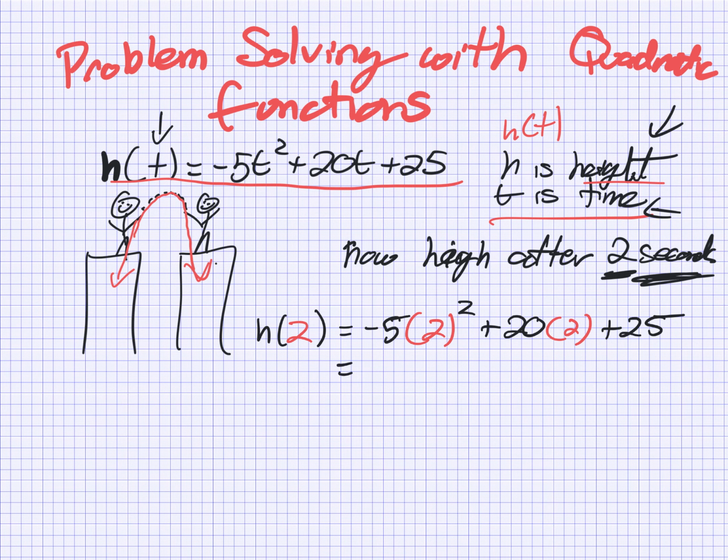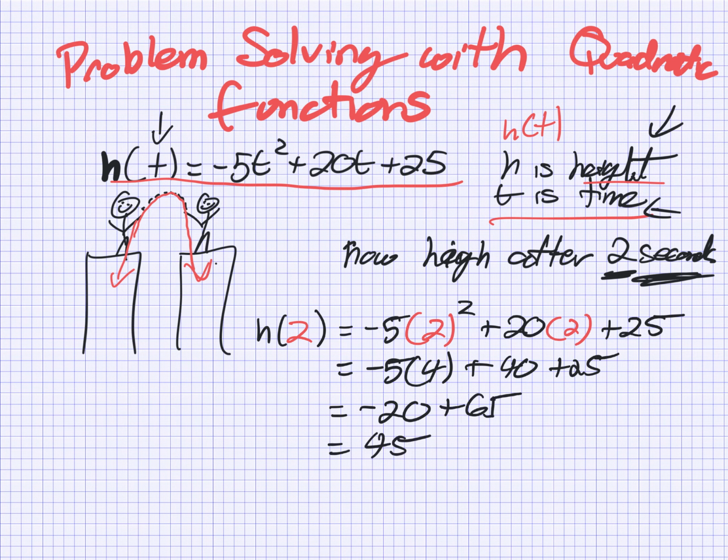We'll try to jump through this quickly. This becomes negative 5 times 4 plus 40 plus 25. This becomes negative 20 plus 65, which is 45. Height in meters, actually. I should make sure I put a unit there. Meters. So at 2 seconds, and you could give this a coordinate, the x value is 2.